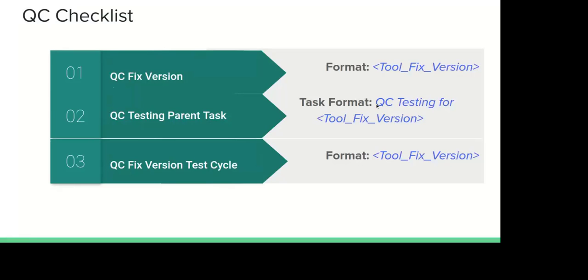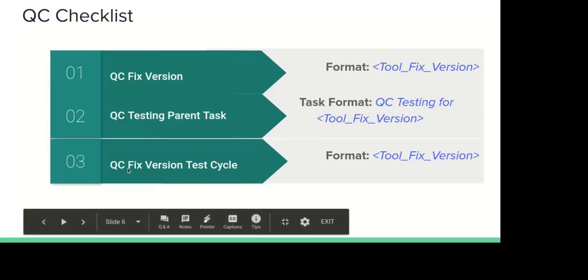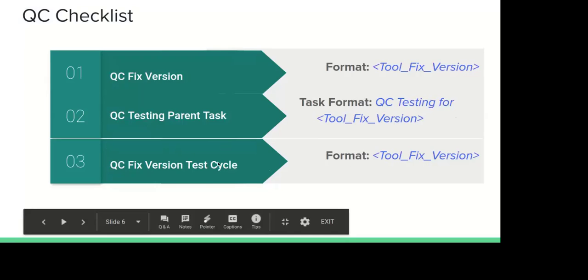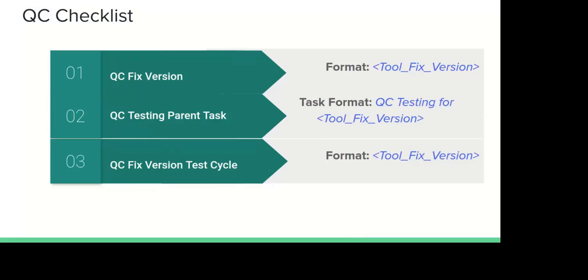This is the task format: QC testing, for example, nursery creation 19.08 or 19.07, the previous version. And then the third item on our checklist is the QC fixed version test cycle. In Zephyr, we will use this format, the tool fixed version. This test cycle is where all our test cases will be put for execution.